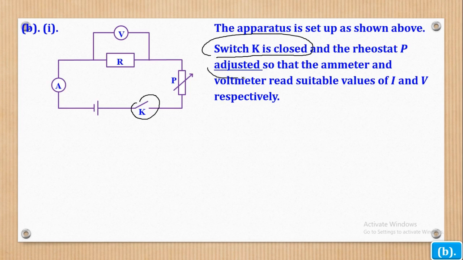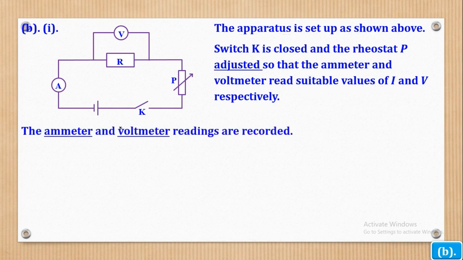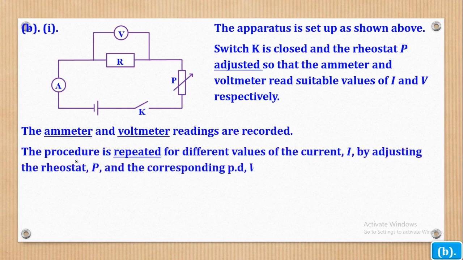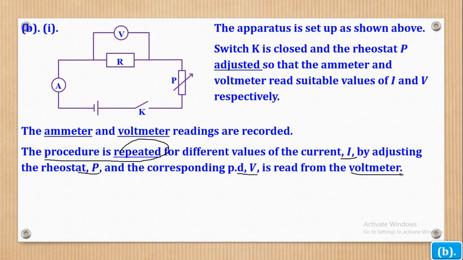And the rheostat P is adjusted, so that the ammeter and the voltmeter read suitable values of I and V respectively. The ammeter and voltmeter readings are recorded. The procedure is repeated for different values of current I by adjusting the rheostat P, and the corresponding PD is read from the voltmeter.